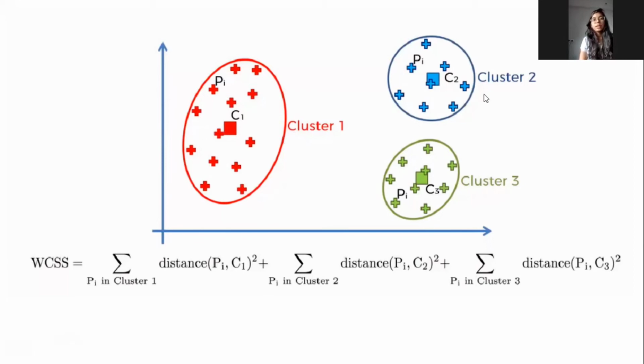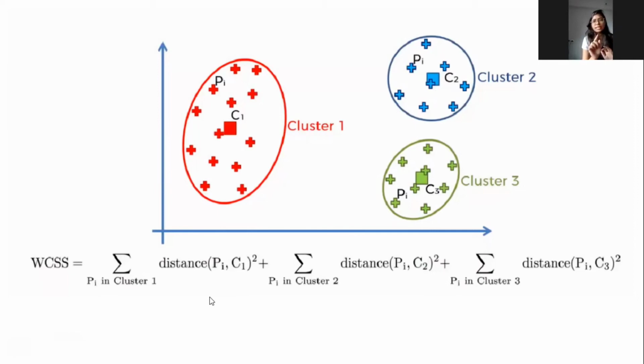Plus, similarly for cluster 2, it is going to calculate the distances between the C2 centroid and all the data points in cluster 2. Similarly for cluster 3, and it is going to add the distances of cluster 1, cluster 2, and cluster 3. So this is how the distances are calculated and added in WCSS.